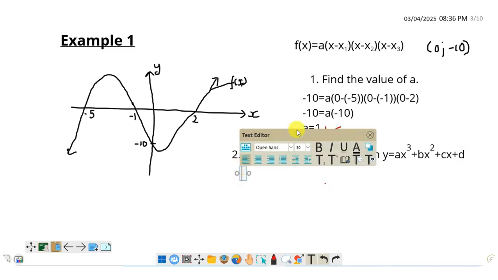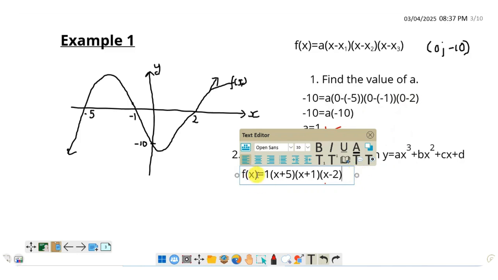Here we have the value of a and the x-intercepts, so I substitute. f of x equals, the value of a is 1, times (x plus 5), times (x plus 1), times (x minus 2).